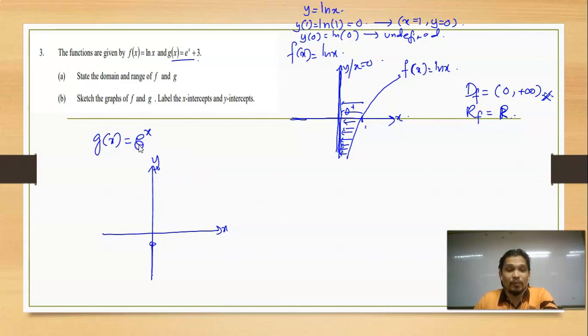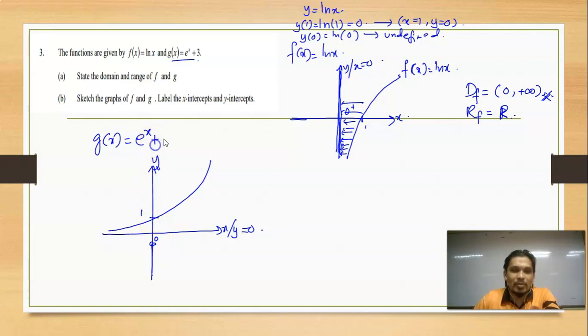This graph, e power of x, is the normal exponential graph. It intersects at y equal to 1 and slides down, approaching the x-axis, where y equal to 0. Now when x equal to 0, e power of 0 equal to 1. There you go, x equal to 0, y equal to 1.